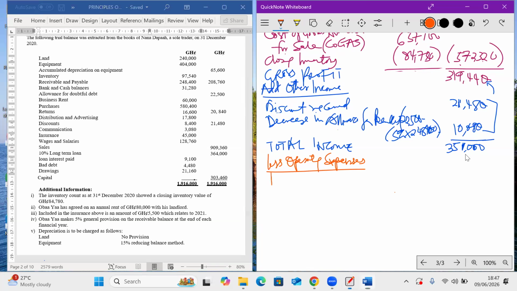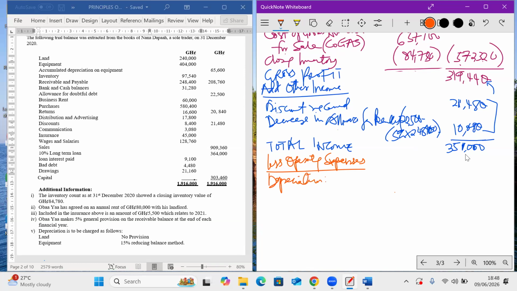It says land has no provision, so there is no depreciation on land. This land is called a freehold land. If it is a leasehold land, sometimes we can compute depreciation. This is a freehold land, so we will not compute anything for depreciation on land.